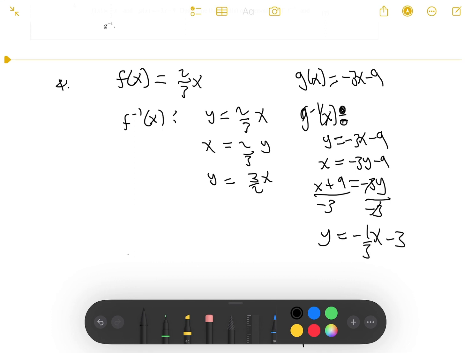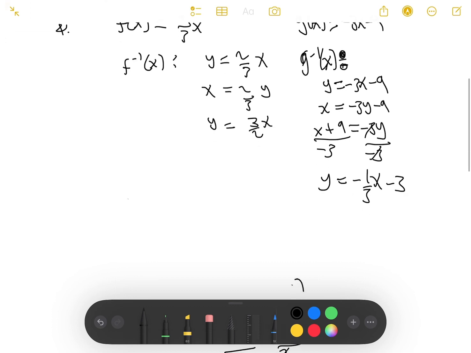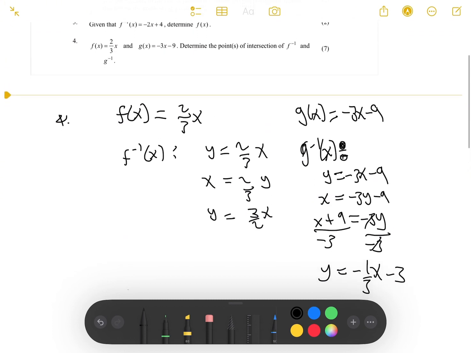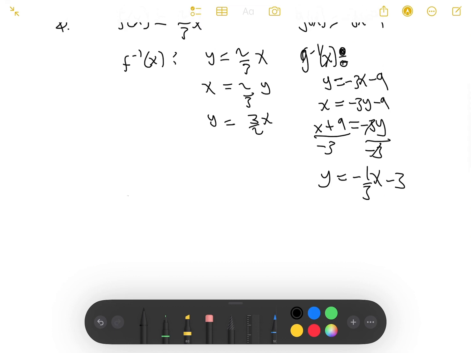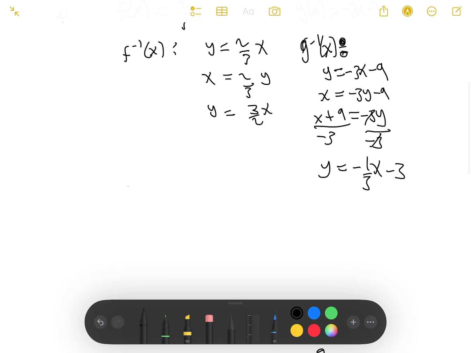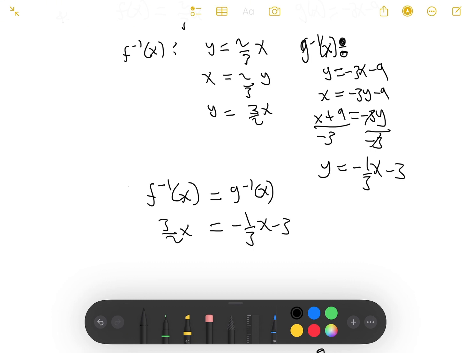Okay, so now going back to grade 11, we know that to find the points where these two graphs intercept, we will basically have to equate the two functions, right, or their y values rather. So this is basically equating the y values. So we start with 3 over 2x being equals to negative 1 over 3x minus 3, okay?